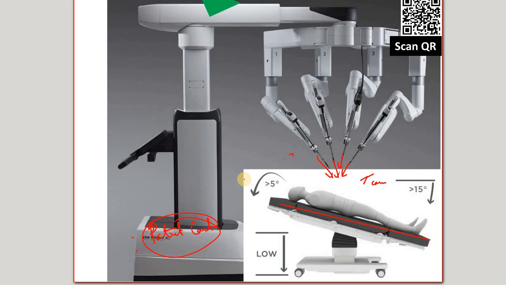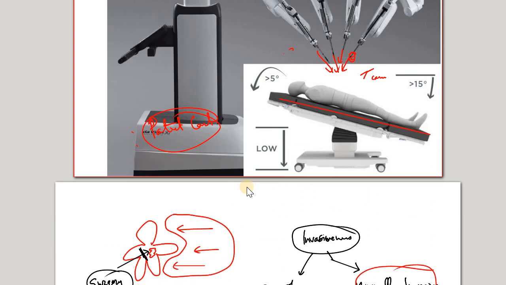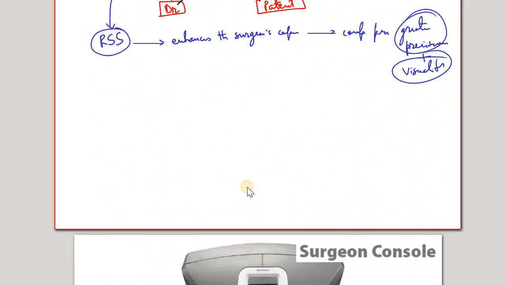And this has robotic arms that hold the surgical instruments, and on one of the arms we have the camera to see the live view, and the surgeon's movements from the control are translated in real time to these robotic arms. Okay.